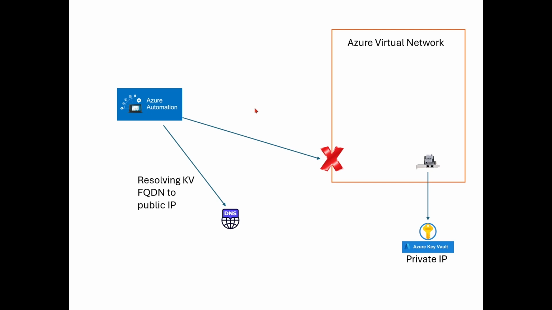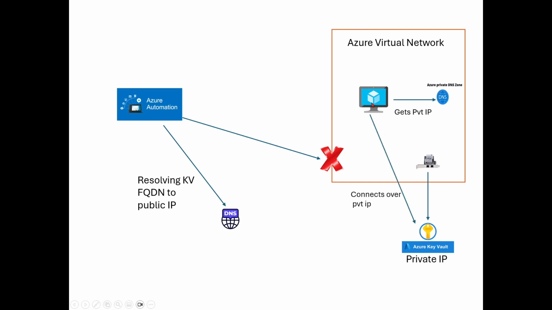Let's take a scenario where we have an Azure private DNS zone in the virtual network where we register the private IP of Azure Key Vault with the FQDN. And let's say we have a virtual machine inside the virtual network. That virtual machine will contact the private DNS zone, resolve the private IP of the Azure Key Vault, and connect to the Key Vault over the private IP.